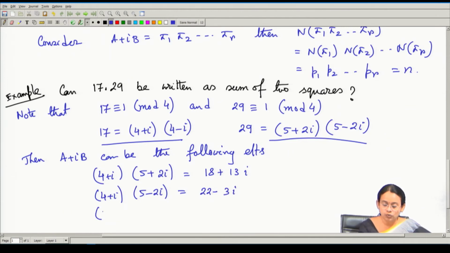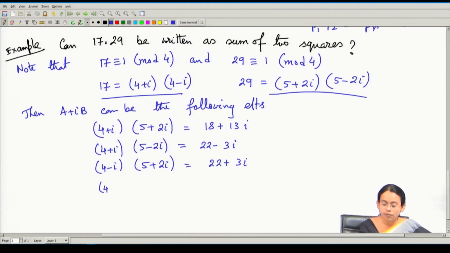Next, I can choose (4 minus i) into (5 plus 2i), which is 22 plus 3i, and then (4 minus i) into (5 minus 2i), which gives 18 minus 13i.